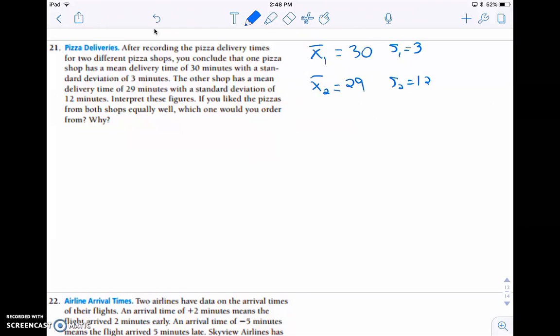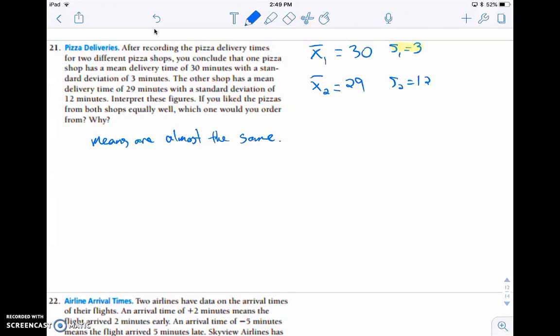And we want to interpret these figures, and if you like both pizza shops equally, which one would you order from and why? So when we look at both of these, the means are almost the same. I mean, they're really close with 29 and 30. But if we look at the standard deviations, the standard deviation for the first is 3.